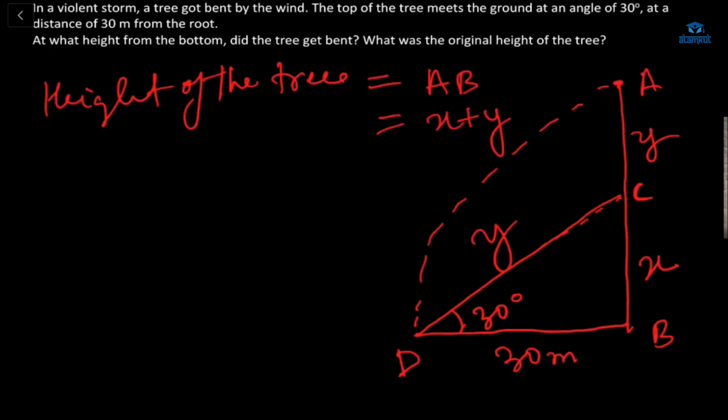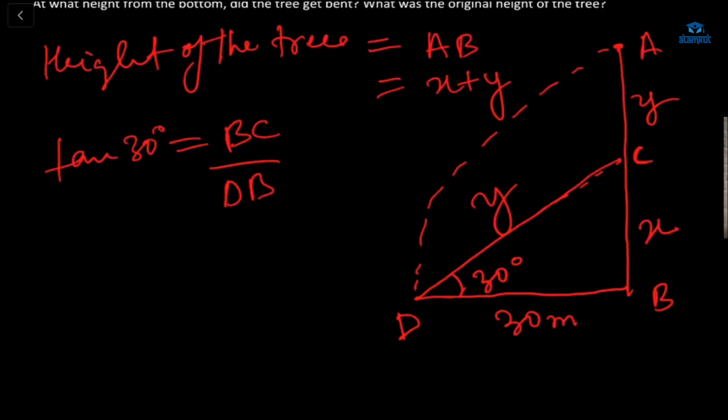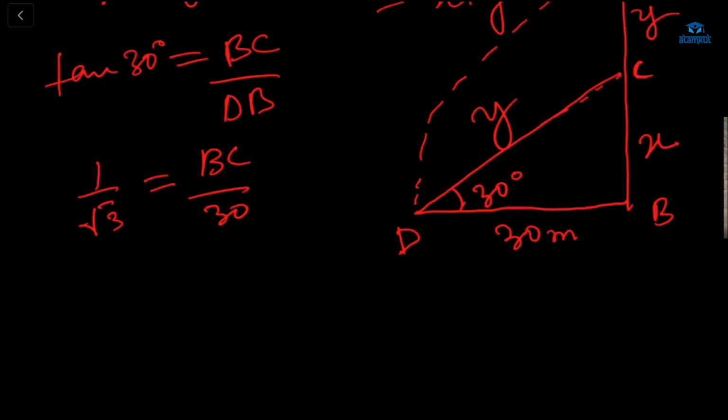For finding X, first we can find X, and then by Pythagoras theorem we can find Y. For finding X we know the base, so we can apply tan 30 degree. Tan 30 degree will be equal to BC upon BD. So tan 30 degree, which is 1 upon root 3, equals BC upon 30 meter. So BC value will be equal to what? 30 divided by 3, so 10 root 3.